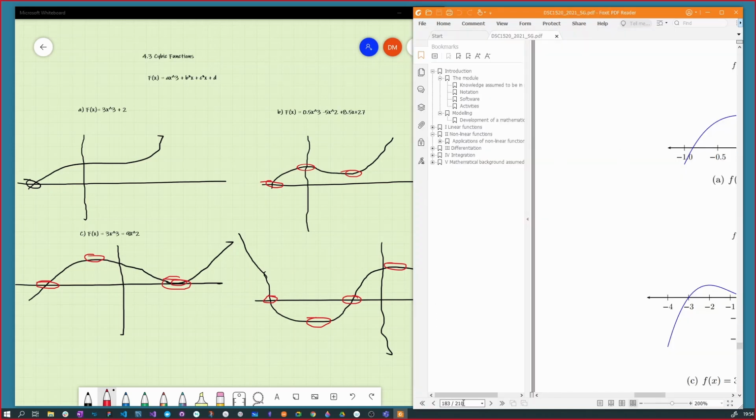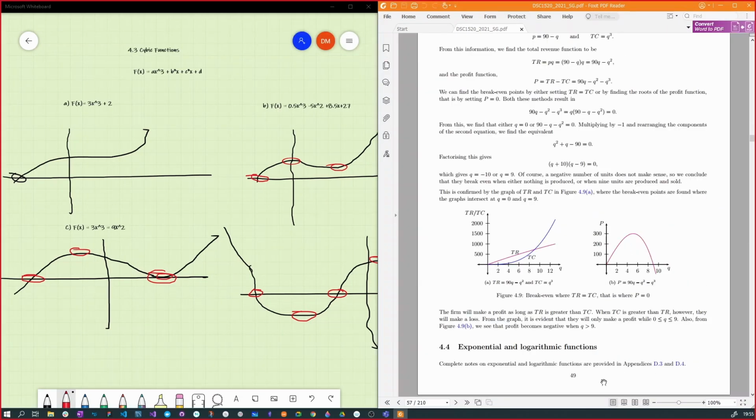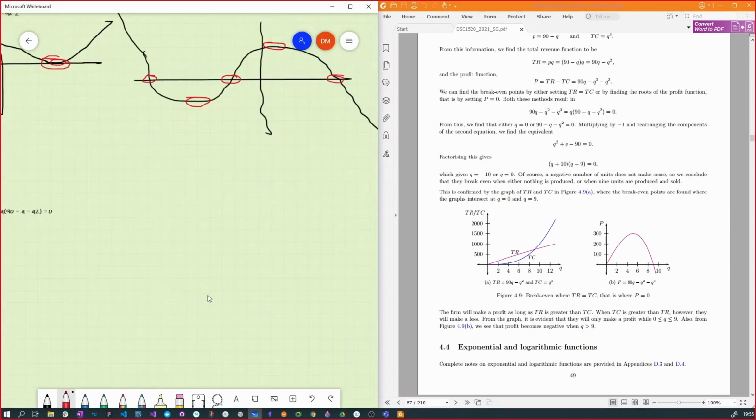So if you go to page 49, here we deal with exponential functions and logarithmic functions, right? And the most important thing to know about exponential functions is that they are functions that have the following form.